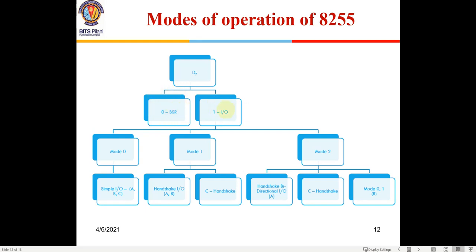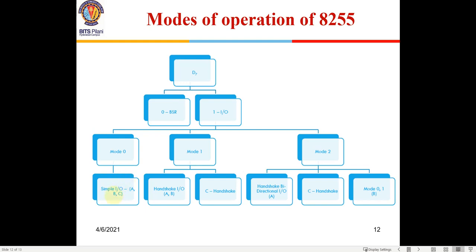Here we are using it as an 8-bit port. So when we put 1 in D7, it is going to get configured as an 8-bit port. So you have 3 modes of operation. In mode 0, each of these 3 ports is going to work as an 8-bit individual port.